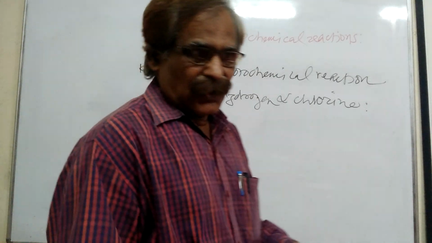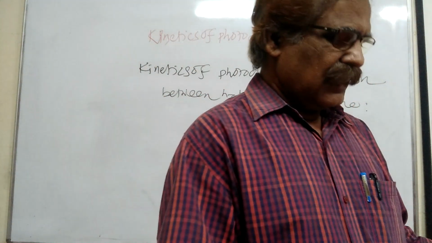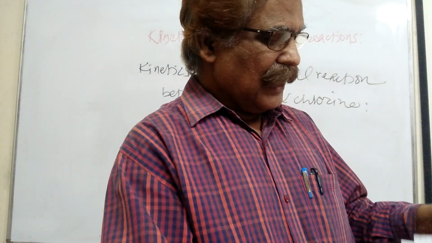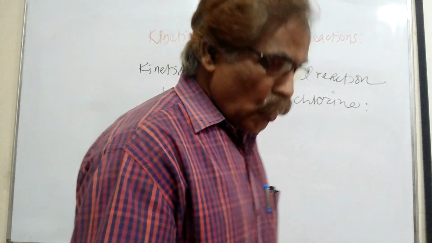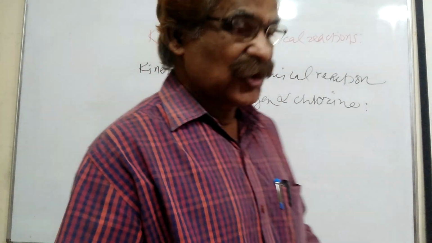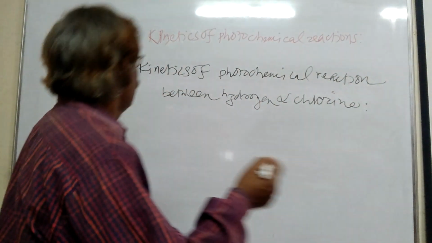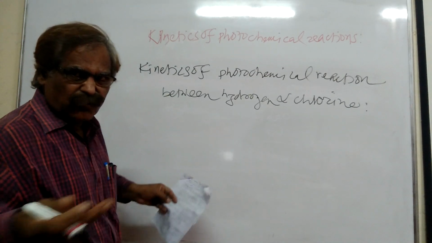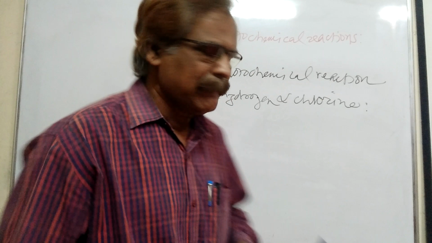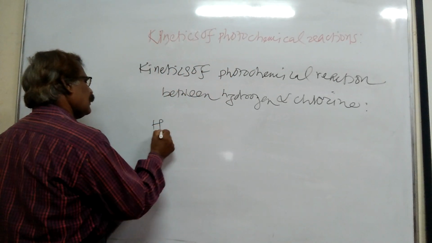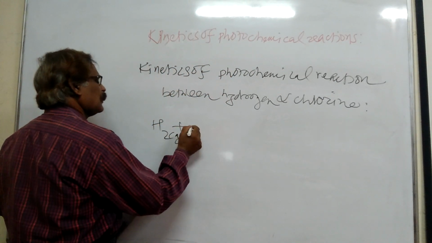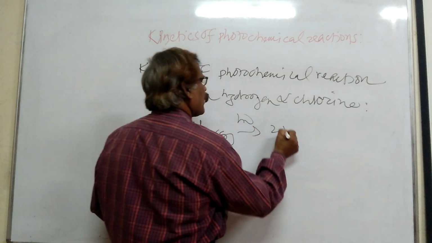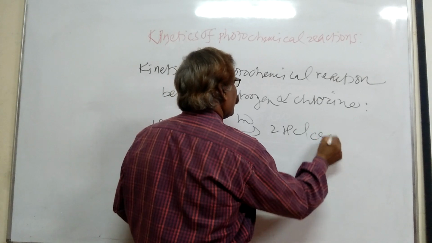In this case, when hydrogen and chlorine gas is exposed to 400 nanometer electromagnetic radiations falling in the UV region, hydrogen reacts with chlorine gas and gives hydrogen chloride gas.